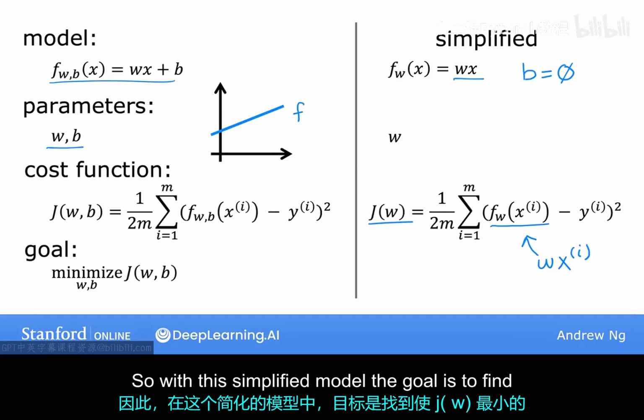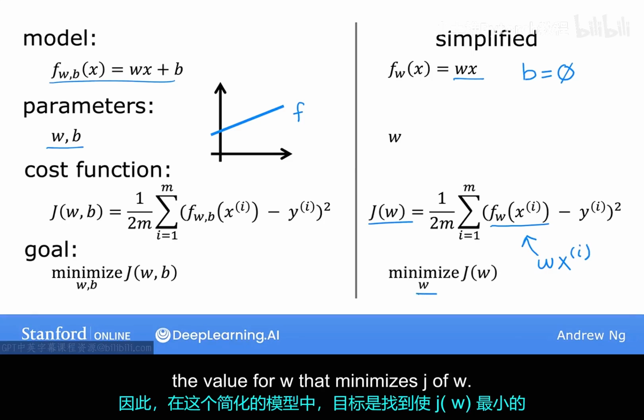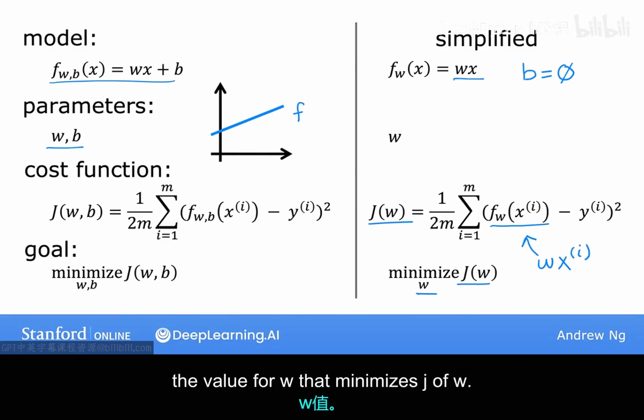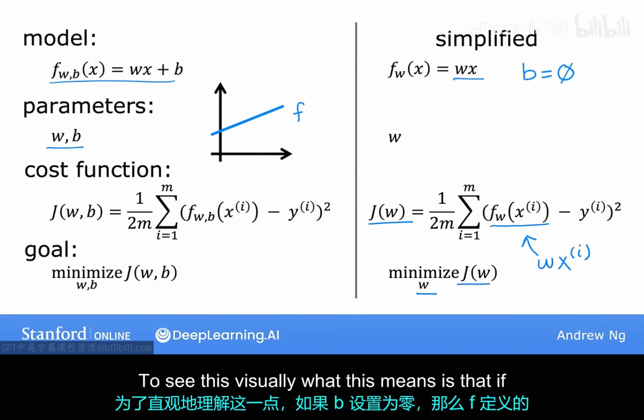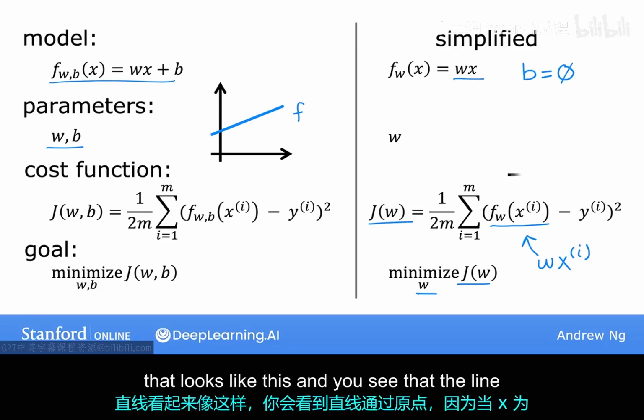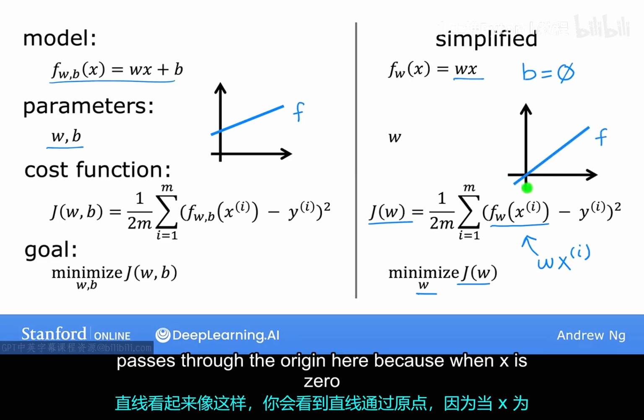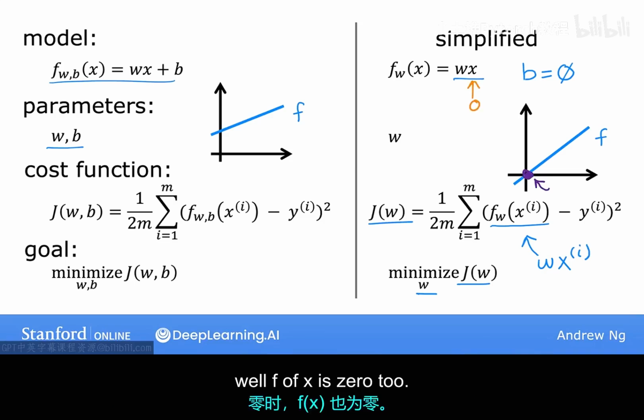So with this simplified model, the goal is to find a value for w that minimizes J of w. To see this visually, what this means is that if b is set to 0, then f defines a line that looks like this. And you see that the line passes through the origin here, because when x is 0, well, f of x is 0 too.